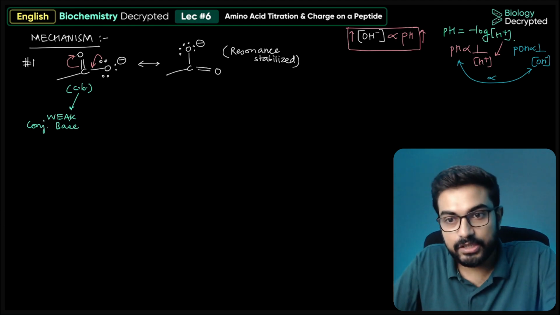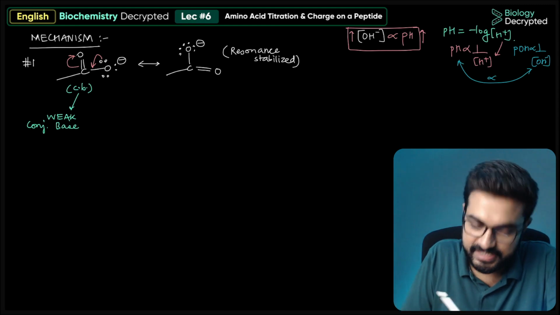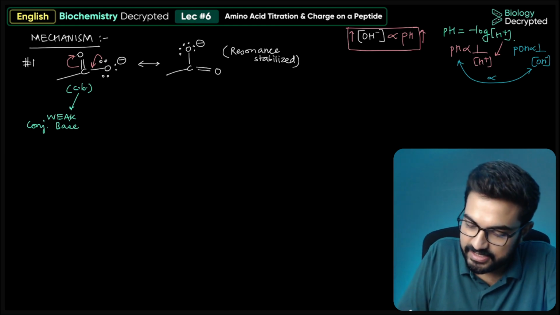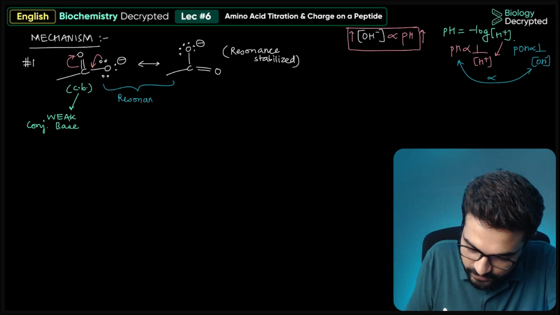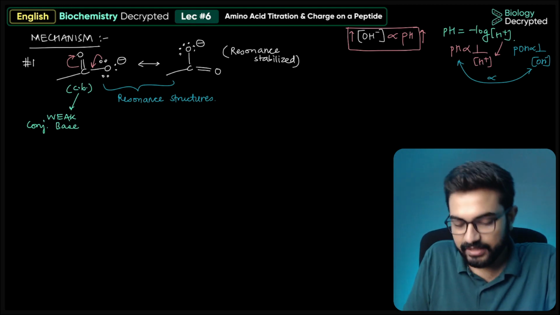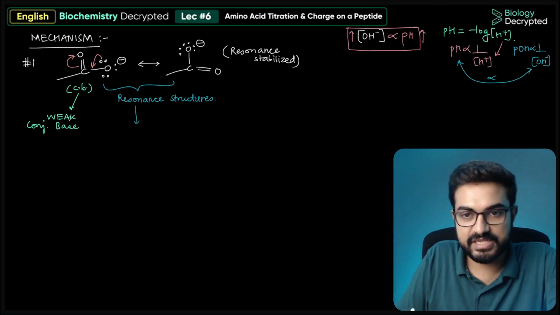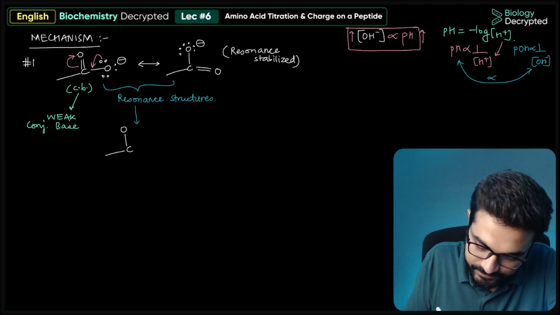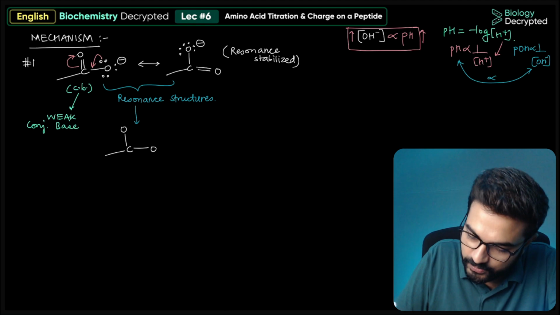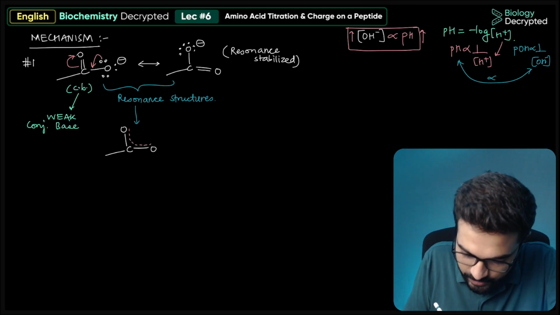Since the conjugate base is weak, and these are the resonance structures, or canonical forms, we can have a resonance hybrid from these structures. This is the skeleton, and the negative charge is delocalizing between these two centers.